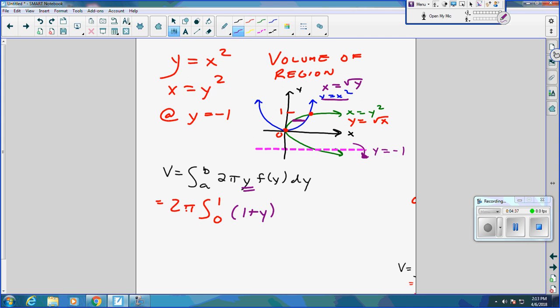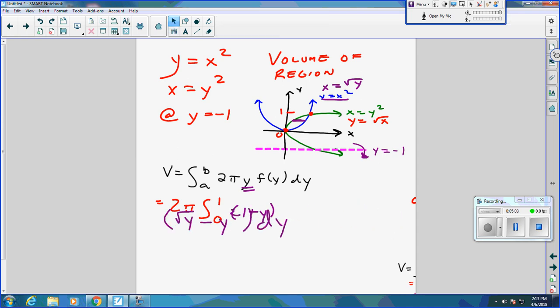We take the square root of both sides, we get x equals plus or minus square root of y. So my distance here is the right curve, which I know is square root of y, minus the left curve, which is y squared dy. And that's the cylindrical shell method.